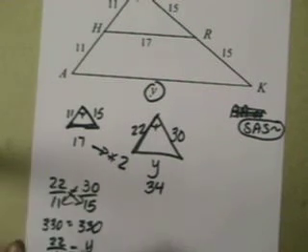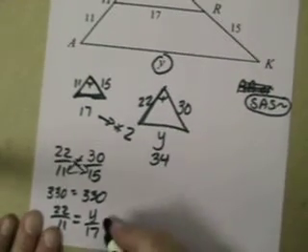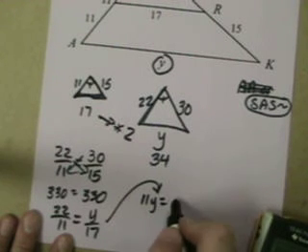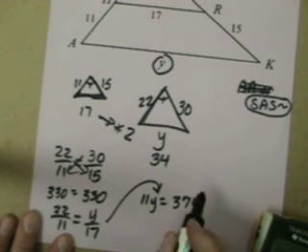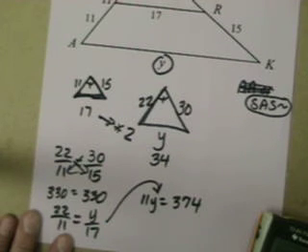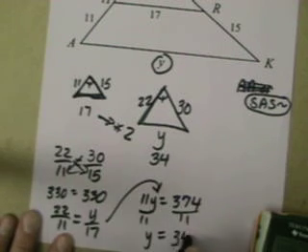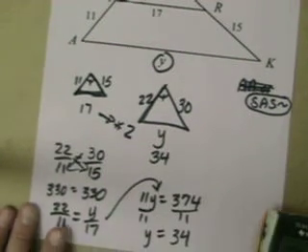Sorry, that's actually what I should have done first. If I bring that back over here, I get 11y equals 22 times 17, which is 374. Divide that by 11, and I get y equals 34. That's what we got there.